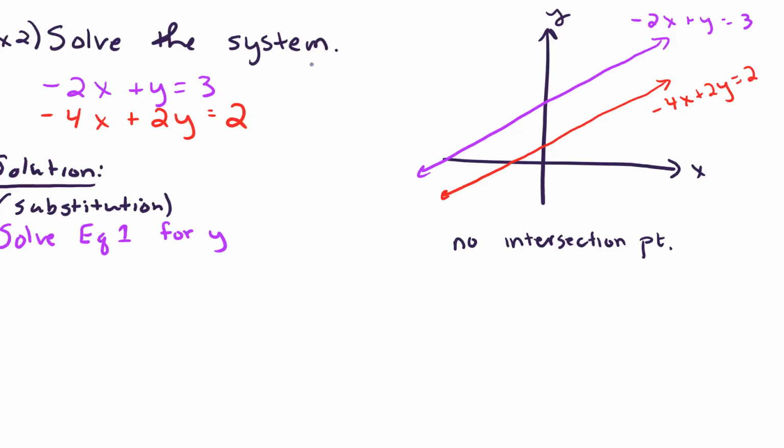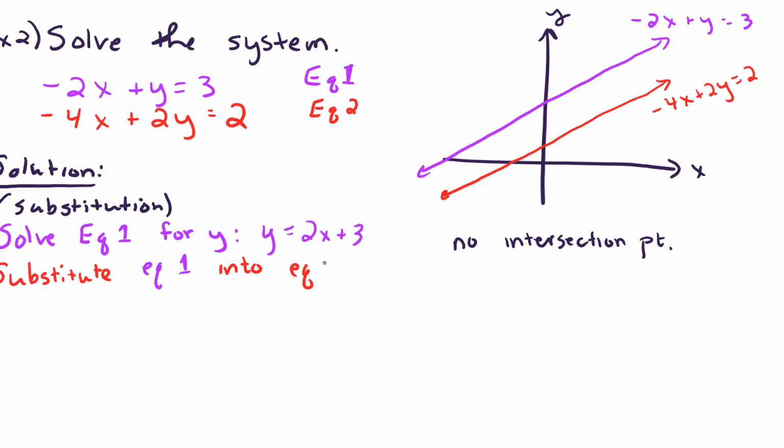So let's label this equation 1, and let's label this equation 2. Okay, so let's solve equation 1 for y, and if we do that, we get y equals 2x plus 3. And now let's substitute that. We'll substitute equation 1 into equation 2.